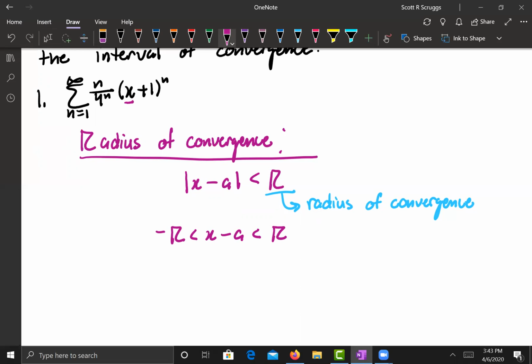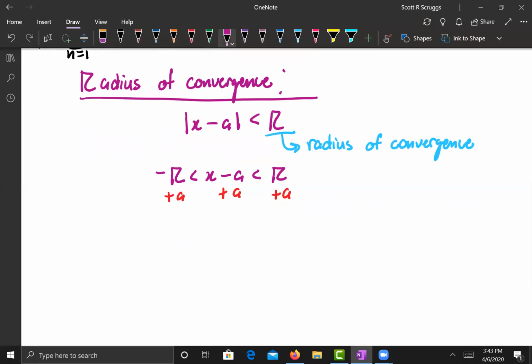And here I'm abusing a fact that if I have an absolute valued quantity that's strictly less than r, I can rewrite it as the quantity inside the absolute value is greater than negative of that positive number, but still less than that positive number. And if I add all sides of that inequality by the center a, I now have a minus r less than x less than a plus r.